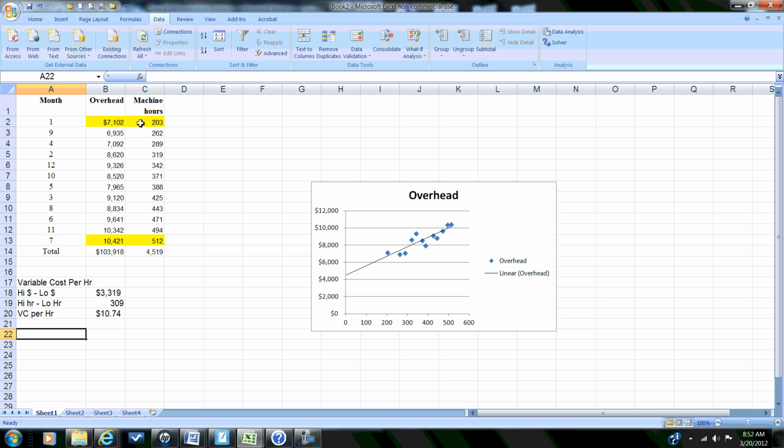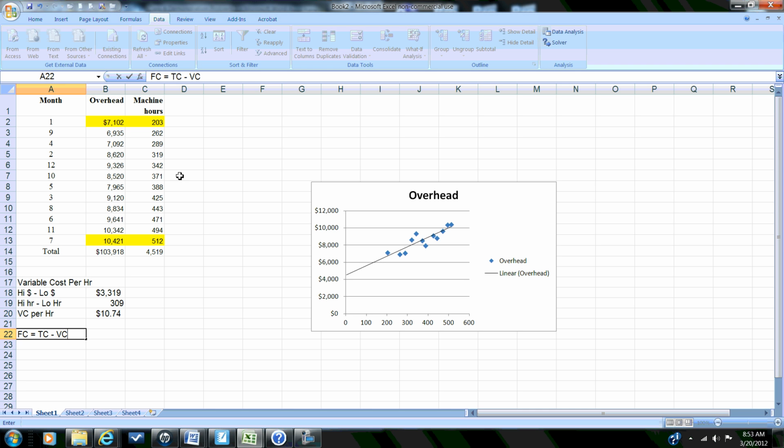So now how do we use this to find the fixed cost? Well, we know that the fixed cost is going to be equal to, at either the high and the low, the fixed cost is equal to the total cost, which we'll mark as TC, minus the variable cost.